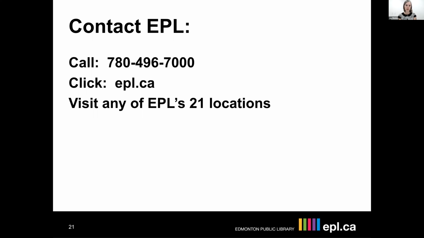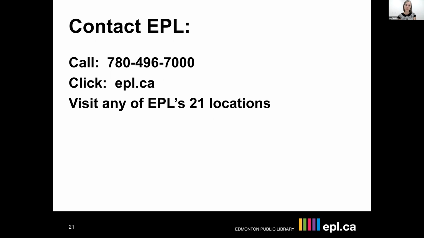The second way that you can get help is visit our website. That's EPL.ca. And through that website, there is a chat option. So basically you are typing messages on the library website to library staff who are answering your questions. And then of course, the third way is you can visit any one of our 21 locations.